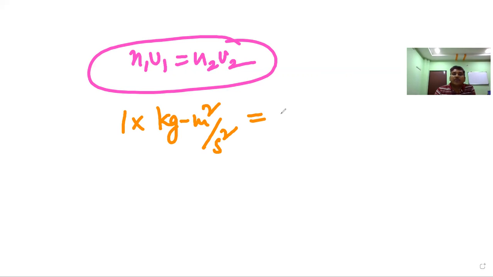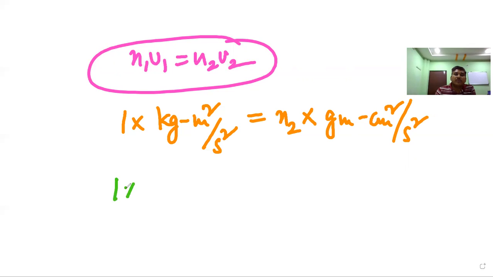And N2 is unknown, in which I want to convert to the new system of units, grams centimeter square per second square. Clear? Now, 1 into 1 kg is 1000 grams.